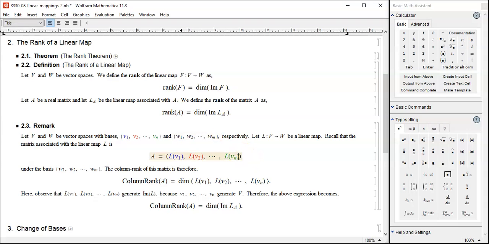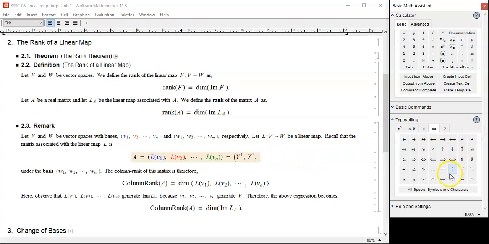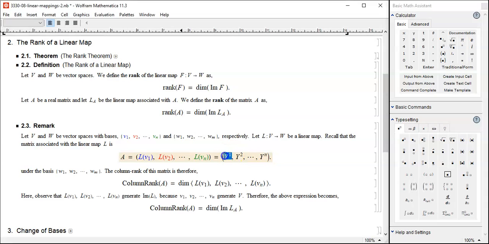That is the matrix associated to this linear map, basically. So it's y1. I have to use superscript because these are column vectors. So that's what this matrix is.